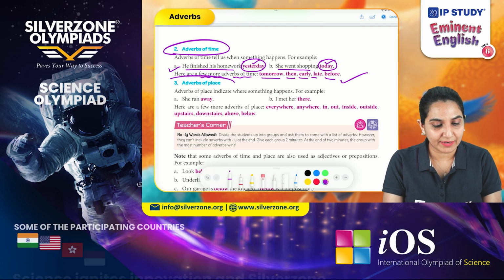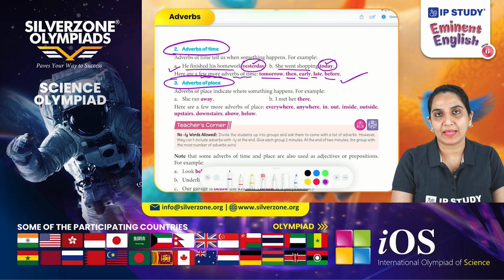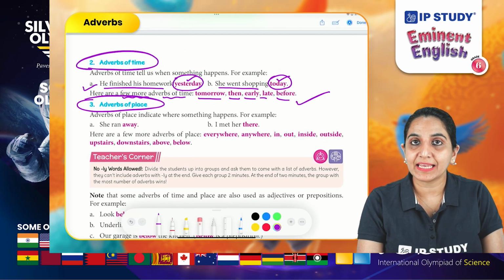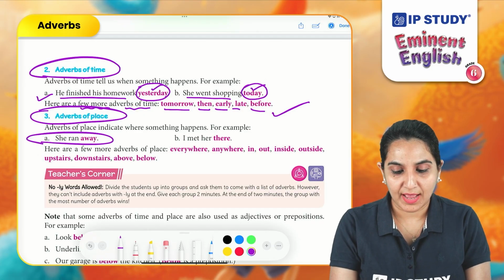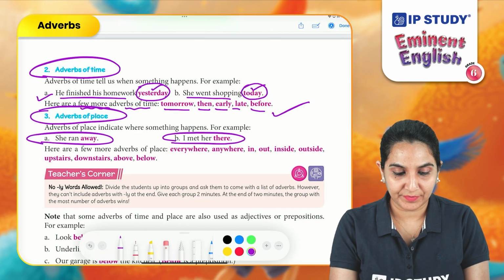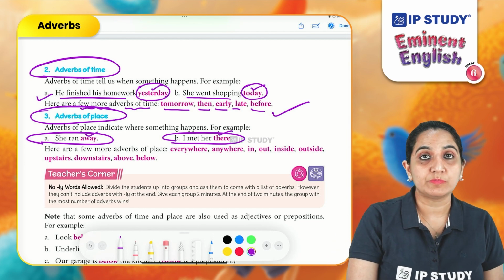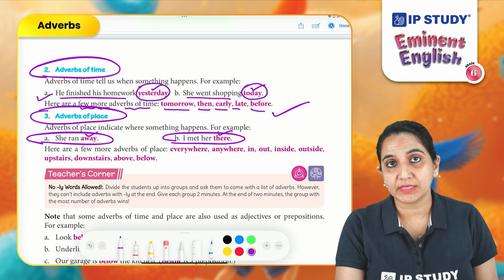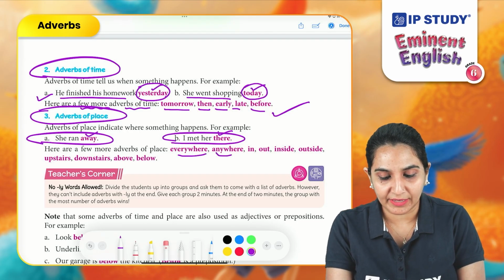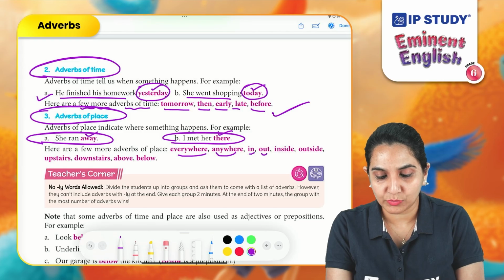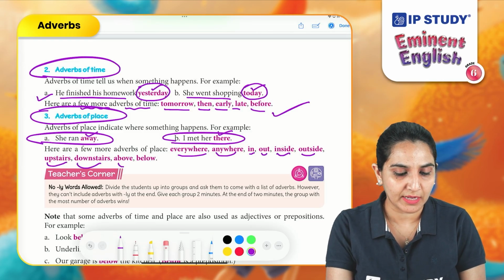Another kind is adverbs of place. This tells us where something is happening, where the action is taking place. For example, she ran away. I met her there. The words away and there are adverbs of place. Some other words for adverbs of place could be everywhere, anywhere, in, out, inside, outside, upstairs, downstairs, above, below.